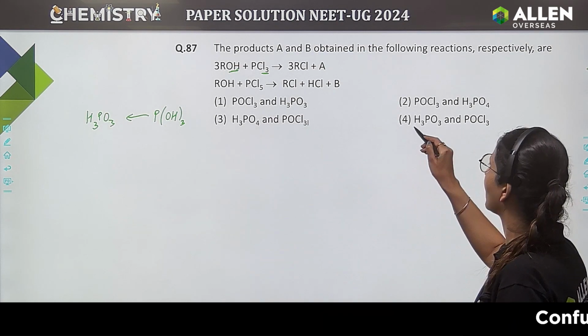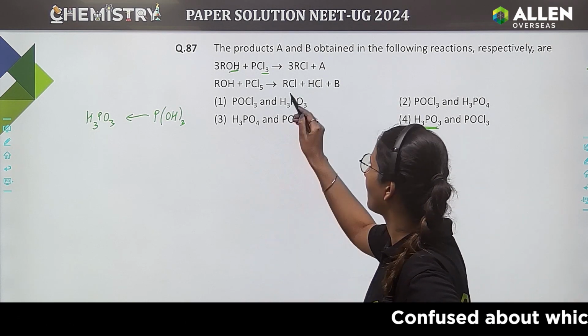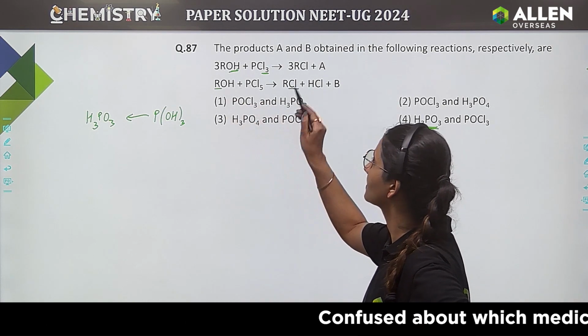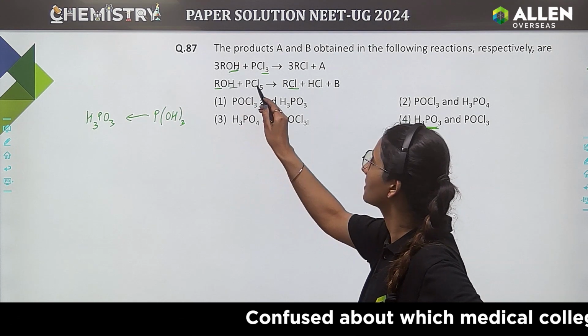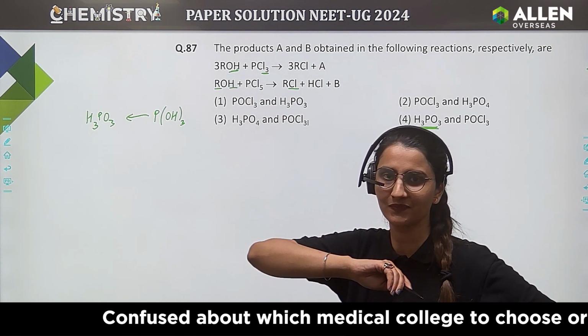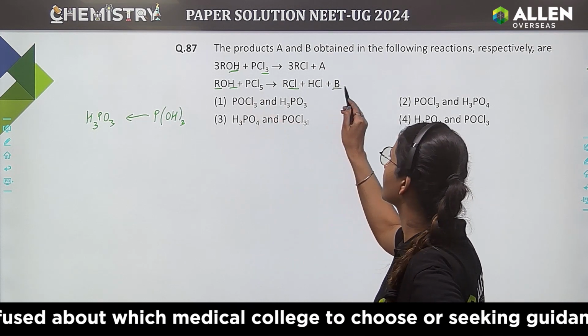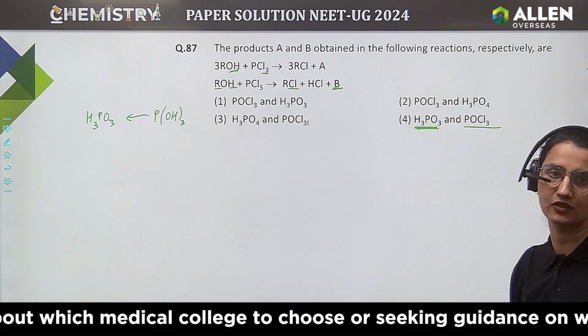So H3PO3 is formed in the first, and in the second, R is taking 1 Cl, H is taking 1 Cl. How many Cl are left? 3. So those 3Cl along with O give your B product, POCl3.